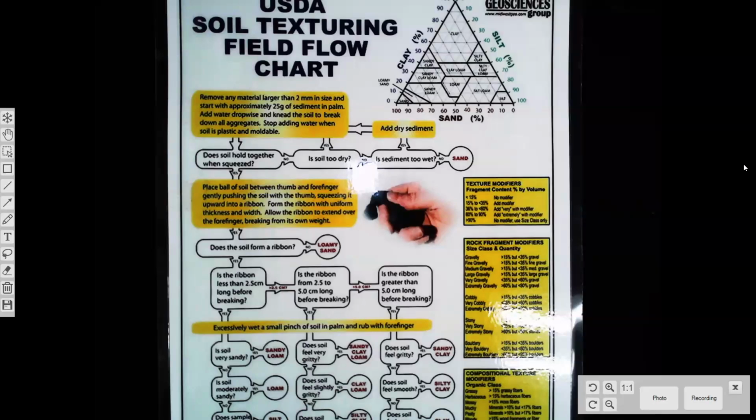If it doesn't really form a ribbon, we can sort of mush it through, then it's loamy sand. And then if it's holding together, then depending on how long it is, and whether it feels smooth or gritty or sticky, we break it out into different categories.